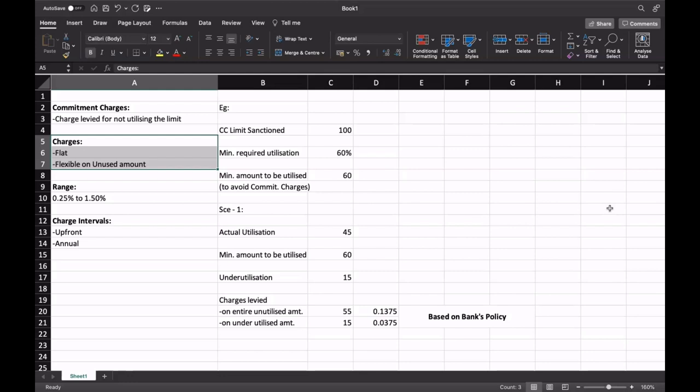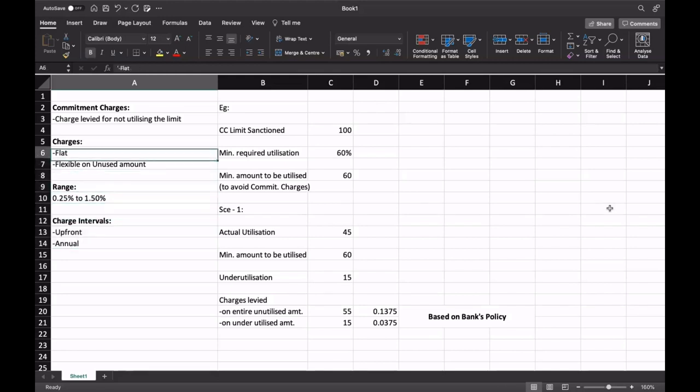It will be calculated on the unused amount at periodical intervals, which can be annual. This charge, which can range between 0.25% to 1.5%, could vary from bank to bank. This charge will be levied. And as I said, charging intervals can be annual, and in case of fixed, it can be upfront as well.